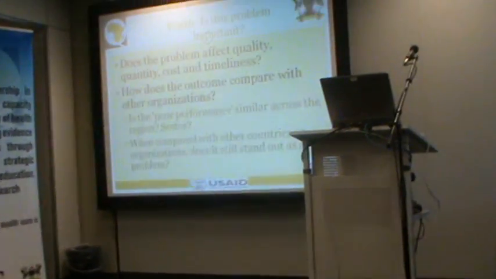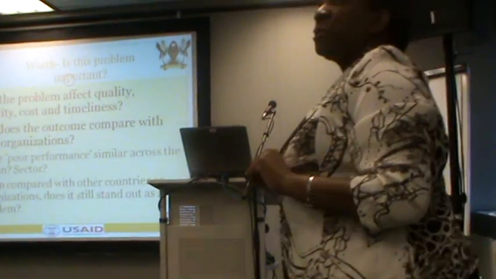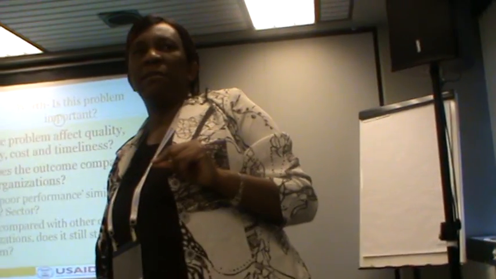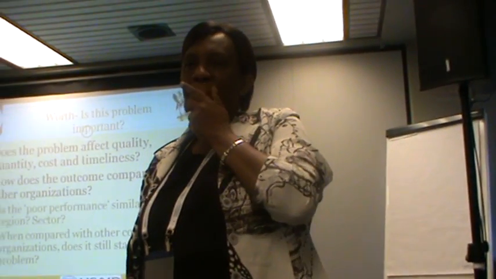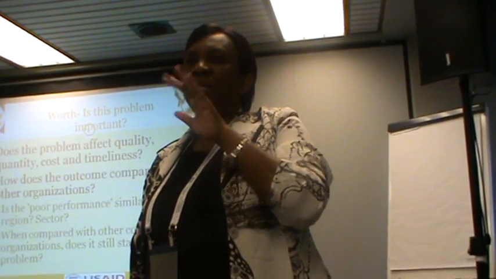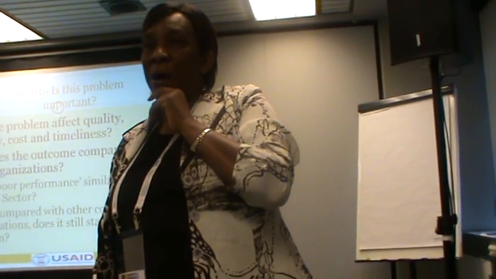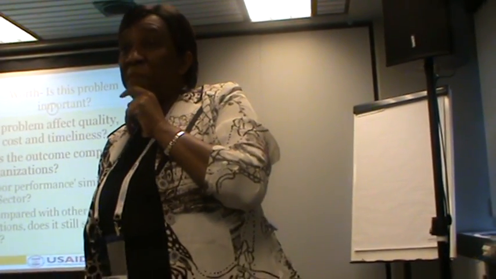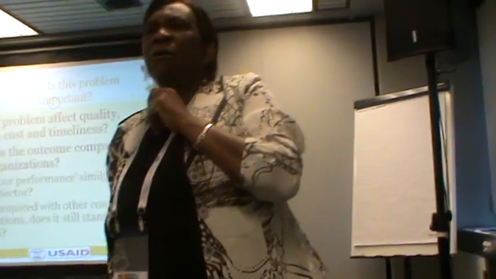For example, I have a program that says, we are going to put 100% of our patients on ART. When they put it as a target, I thought, wow, you're going to put 100% of your patients on ART? Oh yes, we really want to be the center. And I thought to myself, well, good luck.